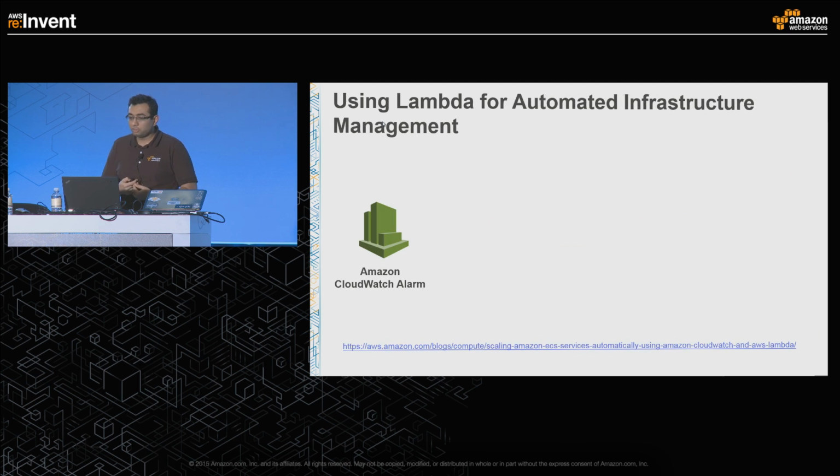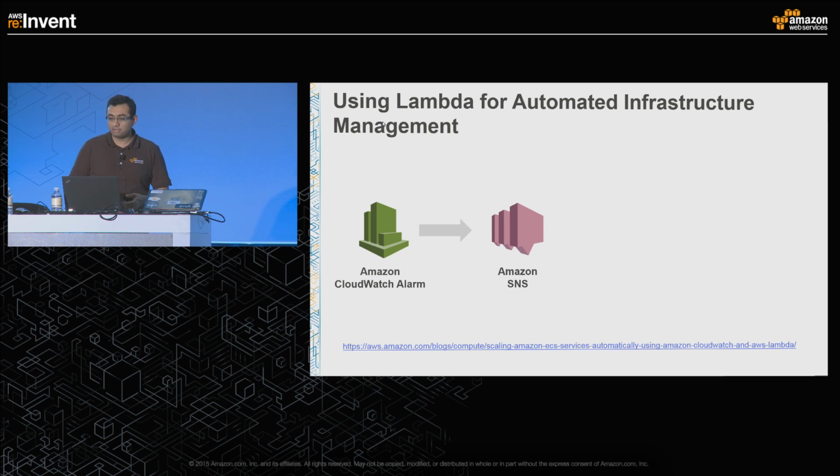Similarly, you could use Lambda for automated infrastructure management. Amazon CloudWatch also has lots of these alarms that you can set up, and all of the individual instances and all of the infrastructure on Amazon can push their metrics to CloudWatch, and you can set an alarm on those metrics. Now, CloudWatch alarms can post to an SNS topic.